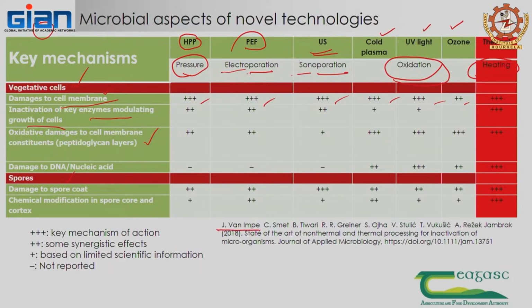Van Impe from Belgium and Greiner are two very well-known microbiologists, establishing different mechanisms, working on single bacteria, avoiding bacteria-to-bacteria combination. We came up with that to see what the exact mechanisms are for each and every technology for adoption. When we suggest any technology, we need to know what our target is. If we have a high amount of microbial load, we can use high pressure.